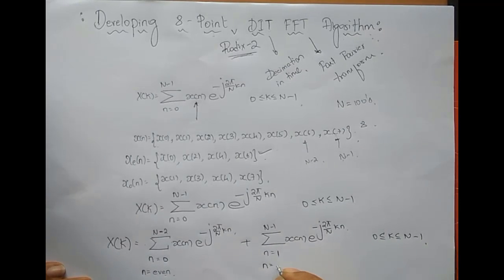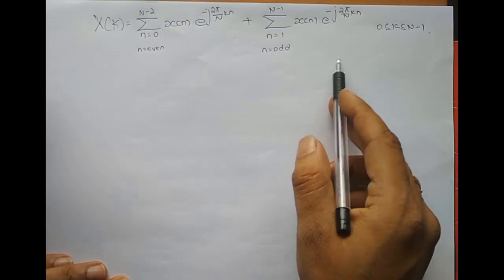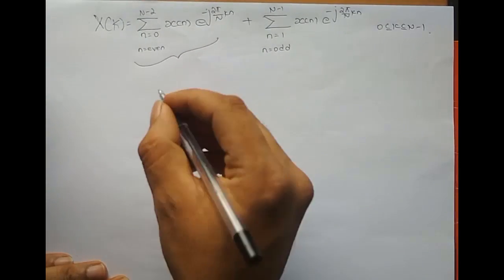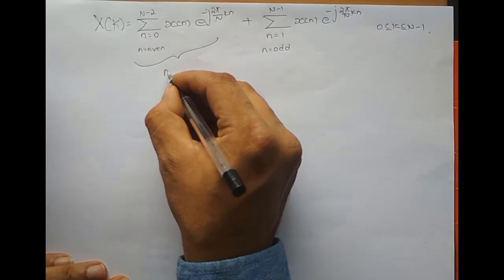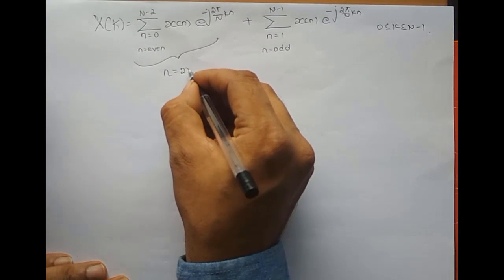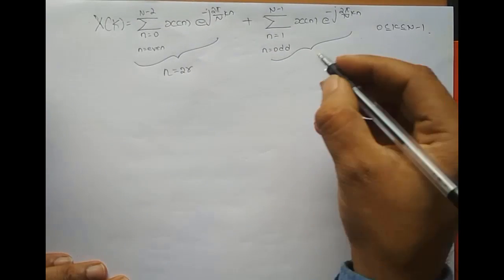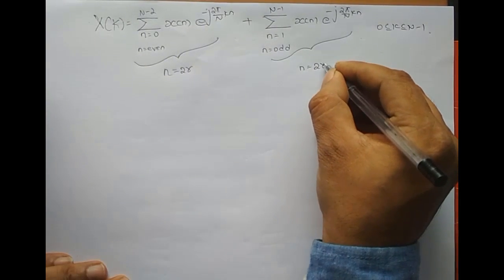Here n takes only odd values. So this is what we had in this summation. We are going to replace n equal to 2r in the first summation, and in the second summation we are going to replace n equal to 2r plus 1.